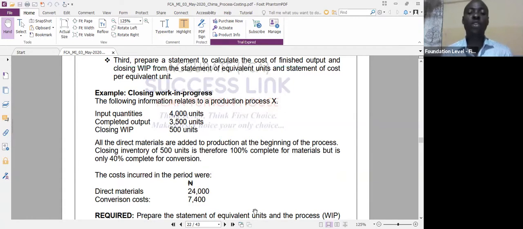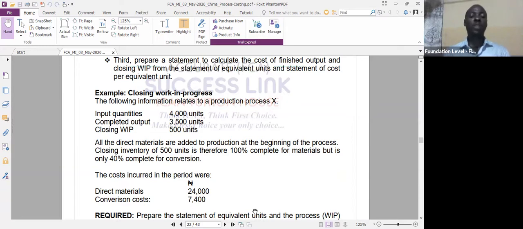Yes, last week we said conversion applies to every other cost item in production apart from material. So it means all your variable cost, your labor cost, every other thing apart from material is conversion cost. We are trying to convert the material into finished products. So we call it conversion. So the conversion is only 40% complete.